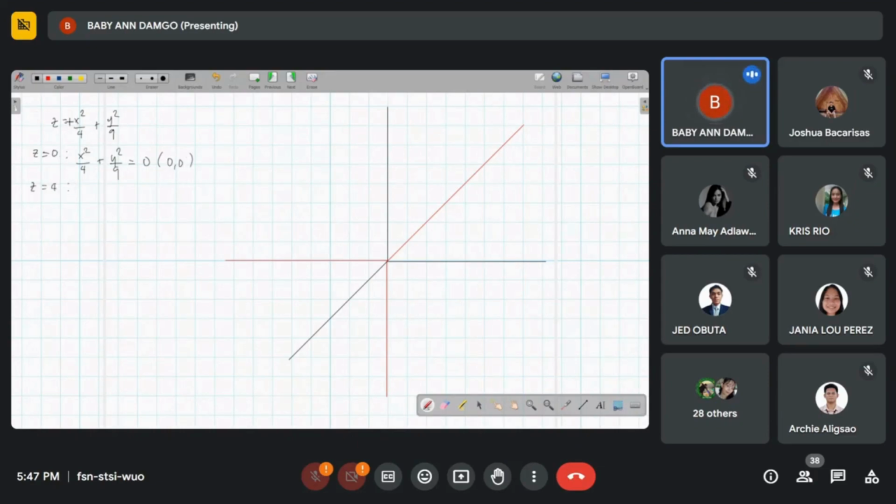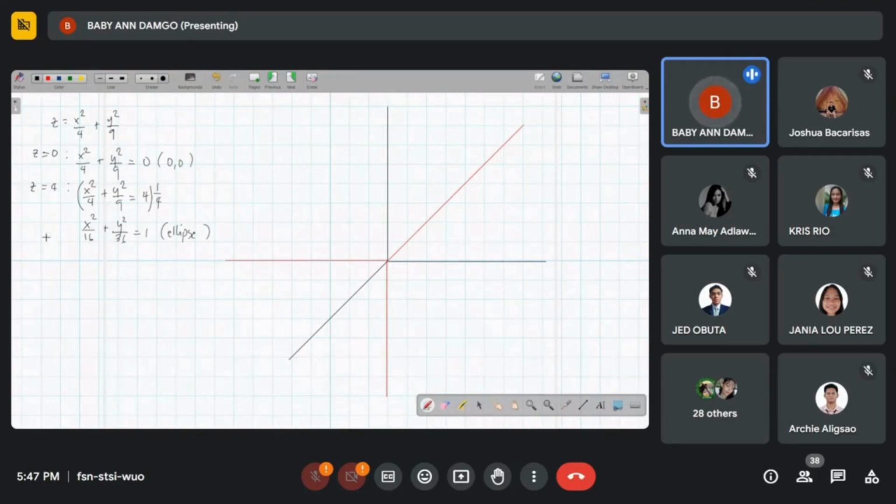So we have x squared over 4 plus y squared over 9. This is 4. Okay, so times 1 over 4, this is x squared over 16 plus y squared over 36 is equal to 1. This is an ellipse. So, anhi ta naka-form of ellipsoid.